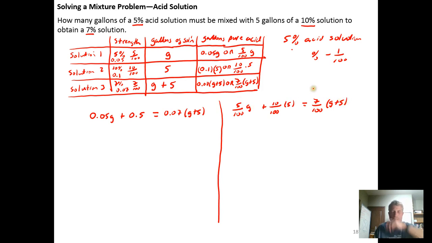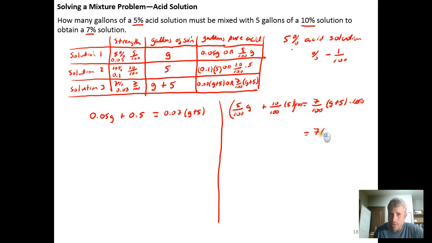And the nice thing about the fraction approach is this ties back to an earlier homework where we said one way to deal with the problem is to multiply by the least common multiple to clear the denominators. But in this case, the least common multiple is the same everywhere. It's 100. So if we just multiply through by 100, 100 divided by 100 is 1.